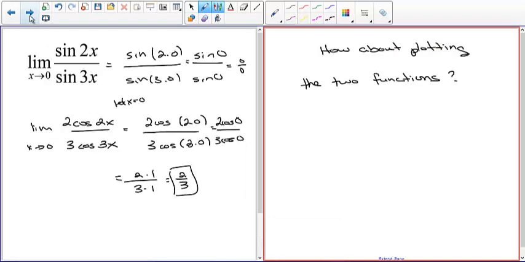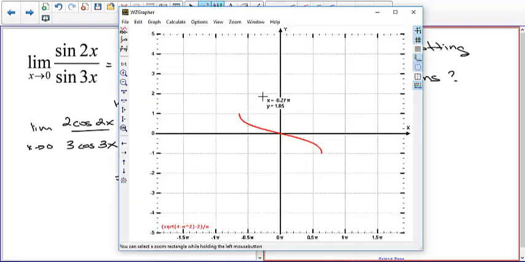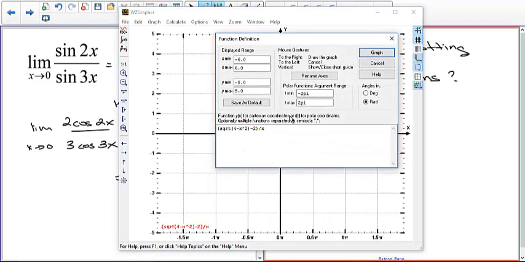Now let's plot those two functions and see what's going on. I'm going to plot the sine of 2x and the sine of 3x and look at the behavior as x goes to 0.